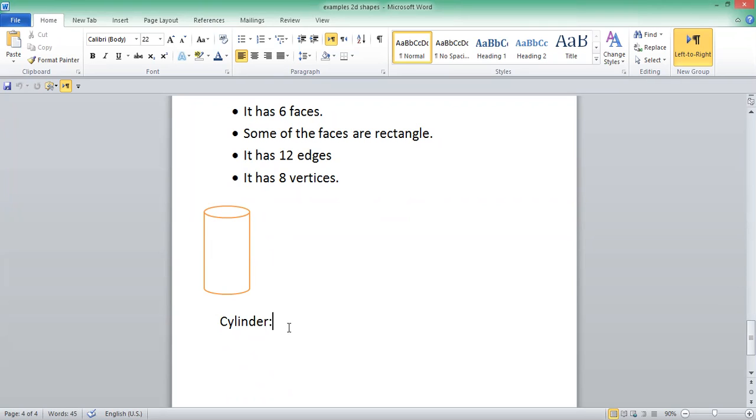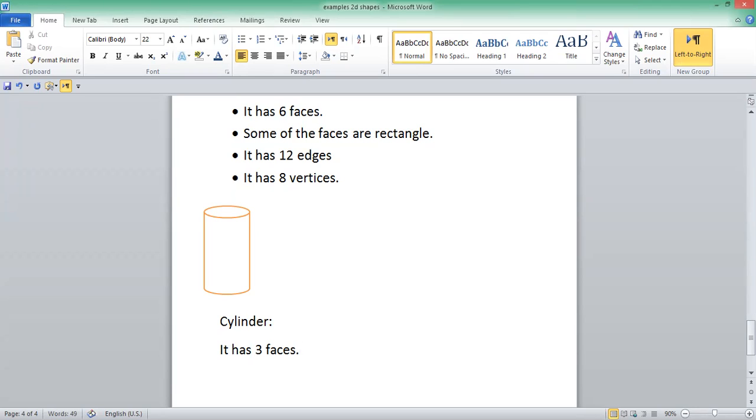So now take out your notebook and start writing: cylinder, it has 3 faces. We discussed the cylinder yesterday, now you have to write it. How many faces does the cylinder have? It has 3 faces.